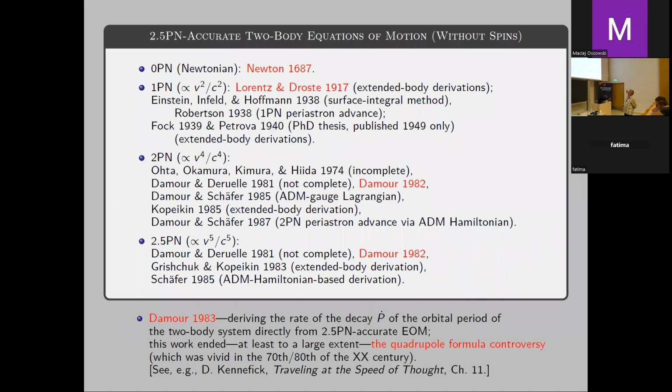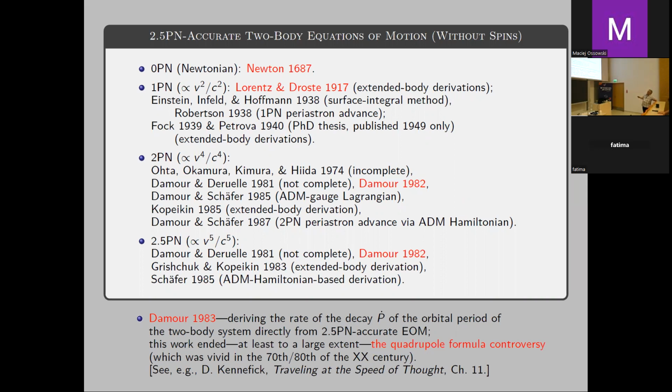A bit of history. Don't worry, I will be fast here. As I have mentioned, the first order in which the radiative effects appear on the level of equations of motion is 2.5PN order. So let us look at the first successful and fully complete and correct derivation, because there were many incomplete and incorrect derivations.